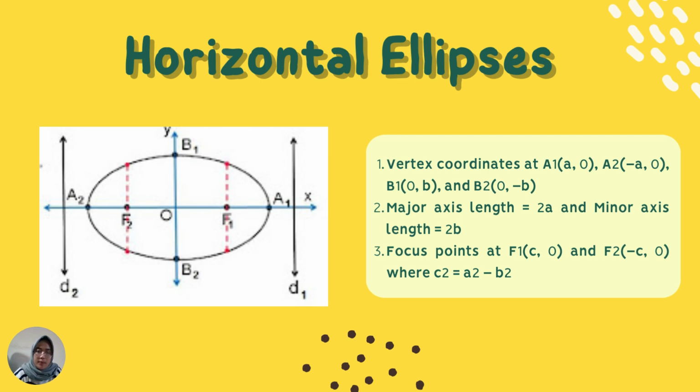For horizontal ellipses, the vertex coordinates are at (a, 0), (negative a, 0), and (0, b), (0, negative b). The major axis length is 2a and the minor axis length is 2b. The focus points are at F1 (c, 0) and F2 (negative c, 0), where c squared is a squared minus b squared.